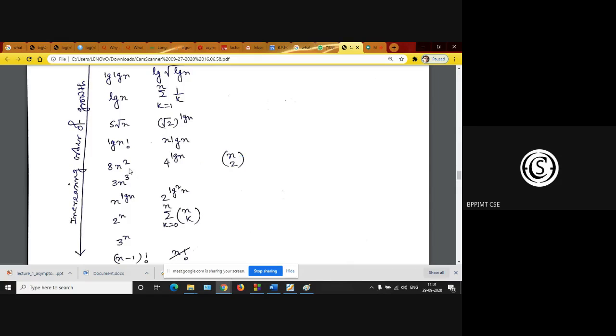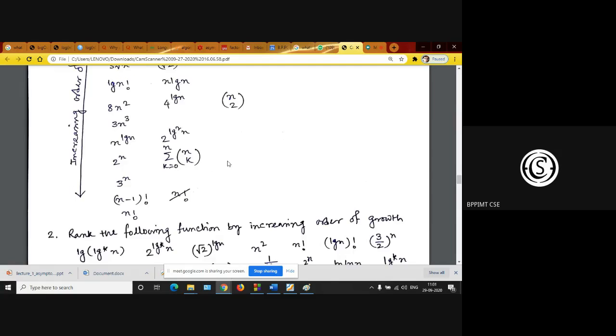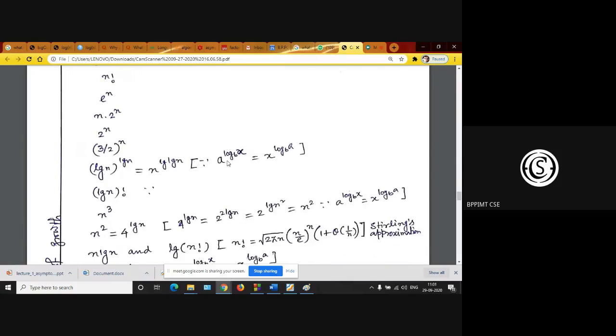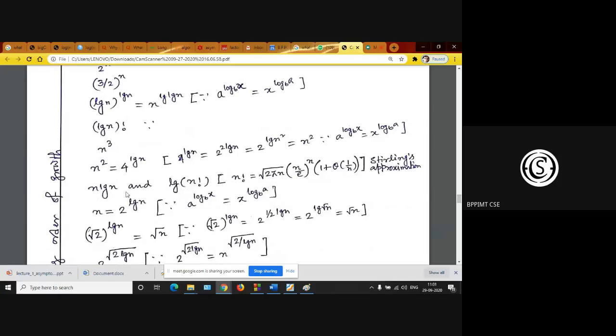Okay, so this is f1, this is f2, and this is f3, f1(n), f2(n), and f3(n). So both of these functions have the same growth. Similarly, n lg n and lg n factorial both have the same rate of growth.